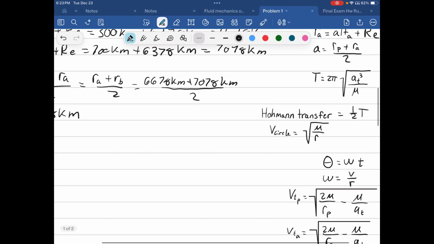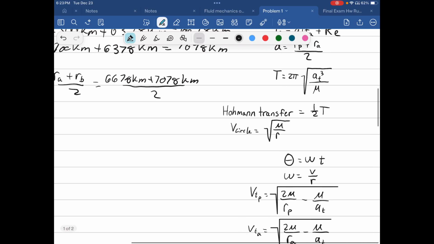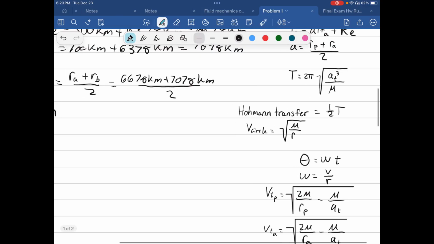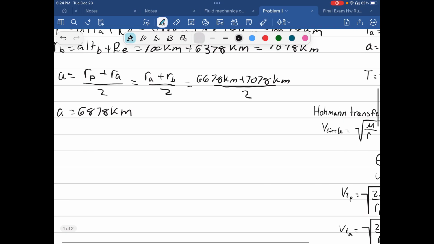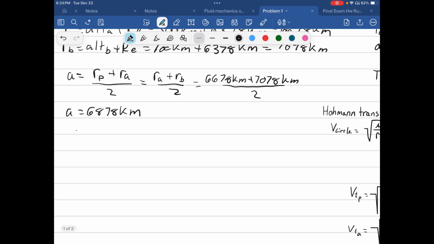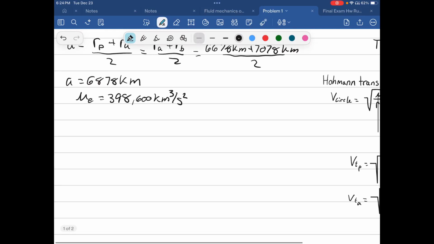So the period for an ellipse is 2 pi times the square root of a of the transfer cubed over mu, and mu is the gravitational constant. So mu for the Earth is 398,600 kilometers cubed per second squared.